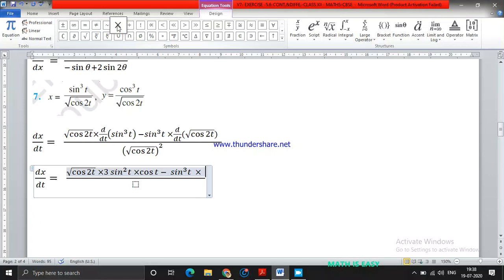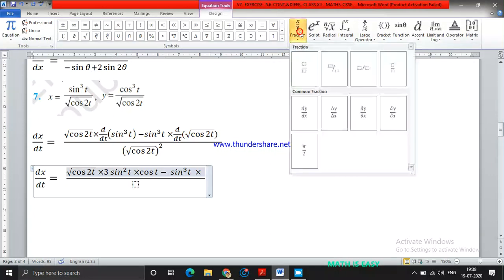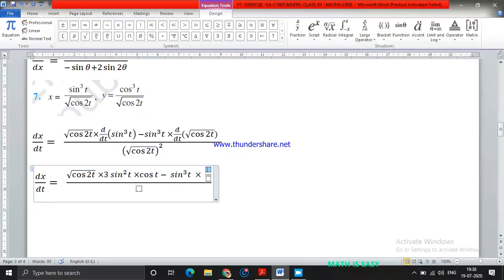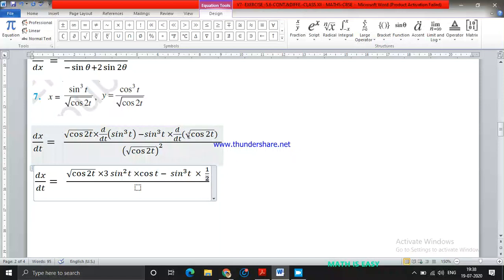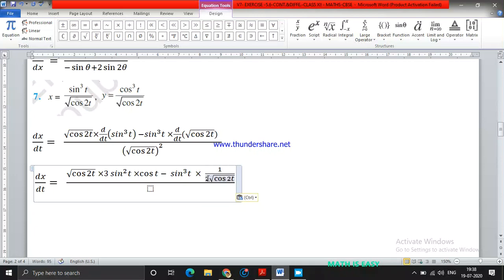Derivative of root x is 1 by 2 root x, into derivative of cos 2t, which is minus sine 2t, again into derivative of 2t. Why the second time am I putting it? Derivative of 2t is 2.